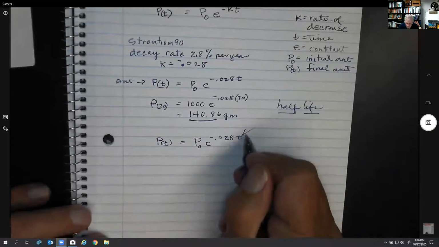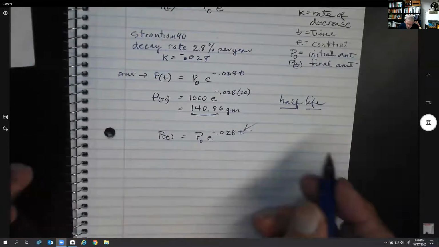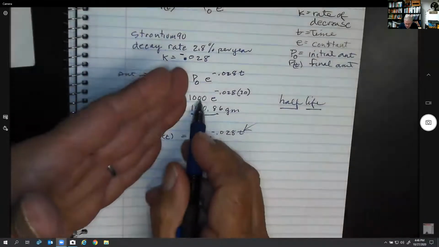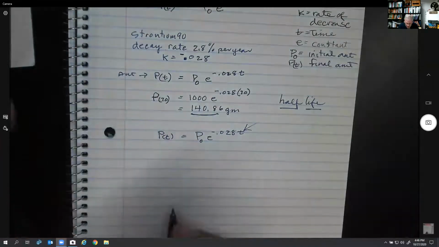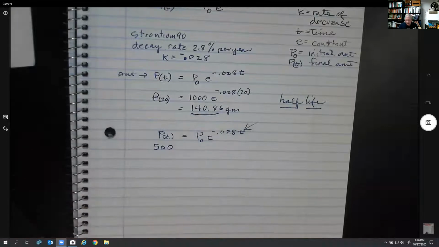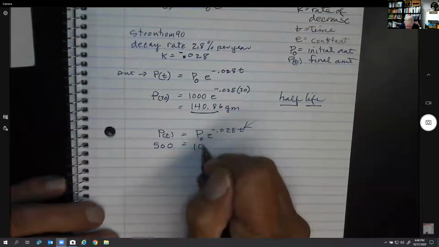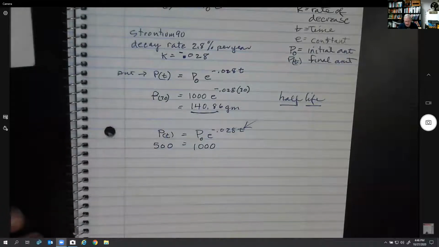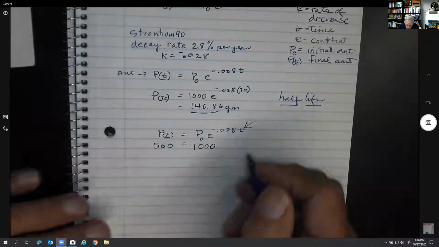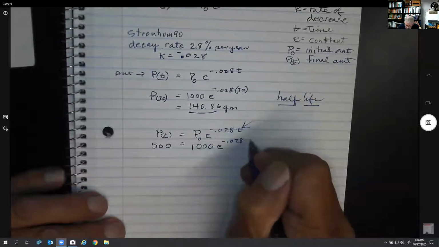We're going to try to find that T. So there's 1,000 grams of material. Half of that would be 500. We want to find out how long it takes for 500 to remain out of the 1,000. That's all they're asking for. Half of that 1,000 is 1,000 E to the negative 0.028 T.